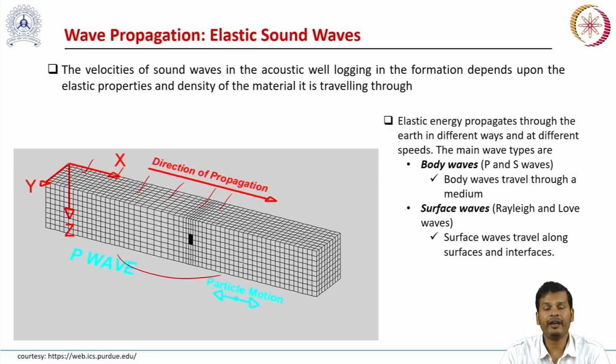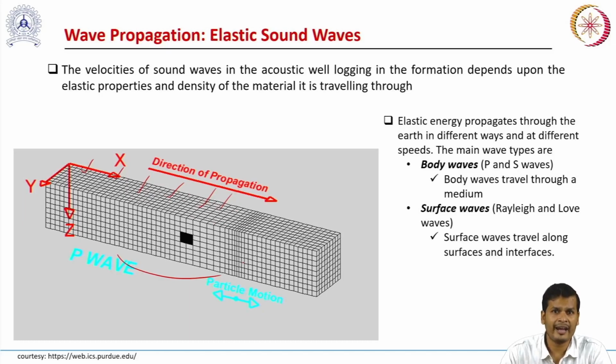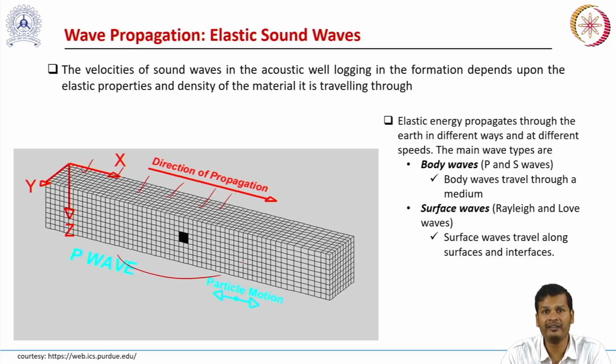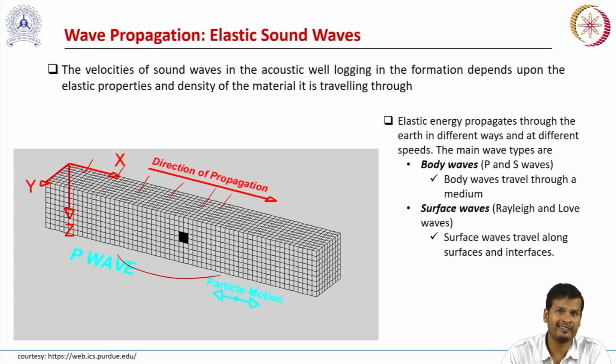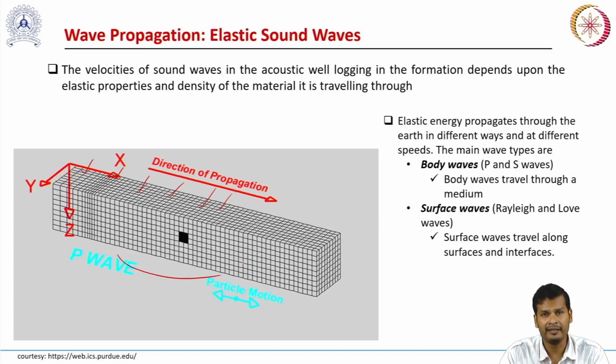For example, if you have a denser material, where the density is very high, the molecules or particles will have very high mass and will be of larger size. So for the vibration created by a sound wave, it will not be easy to move them if the particles or molecules are of bigger size.